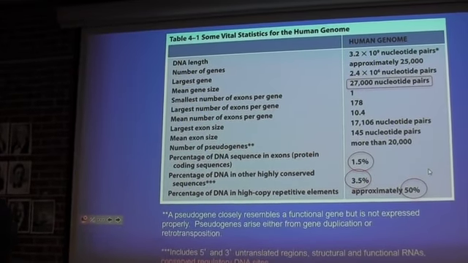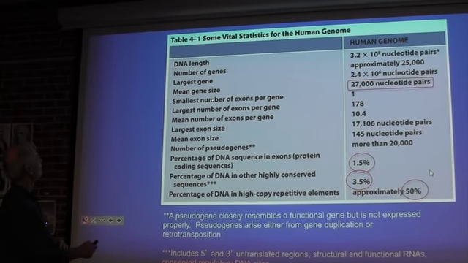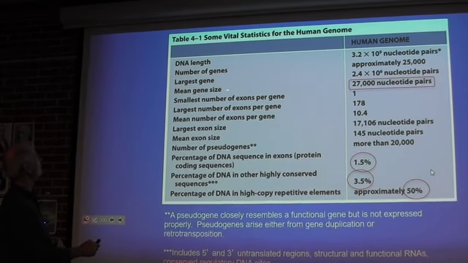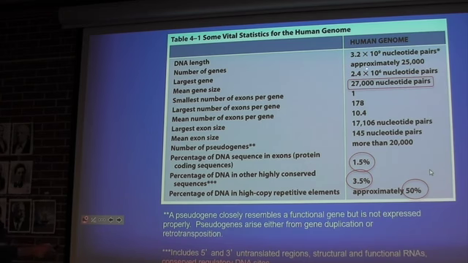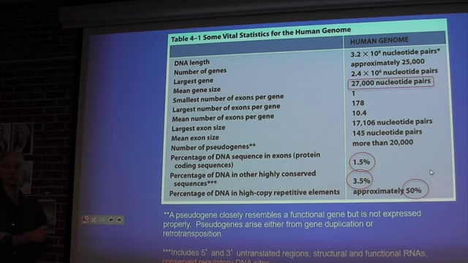More fun facts about genomes. Smallest, mean gene size, about 27 nucleotide pairs. Largest gene, over 1 million nucleotide pairs. We studied one of those.